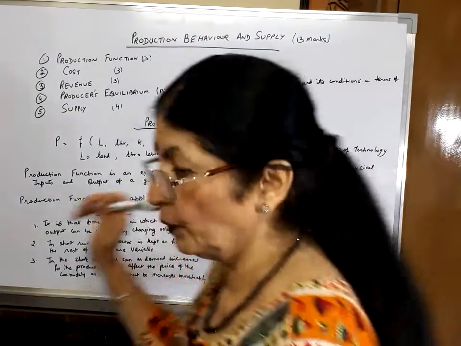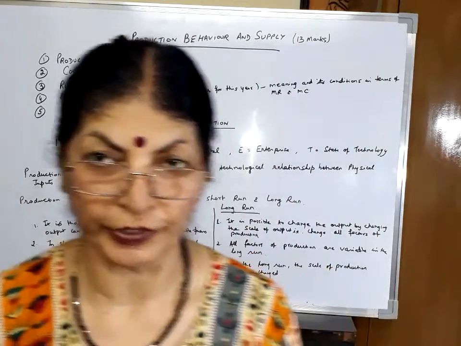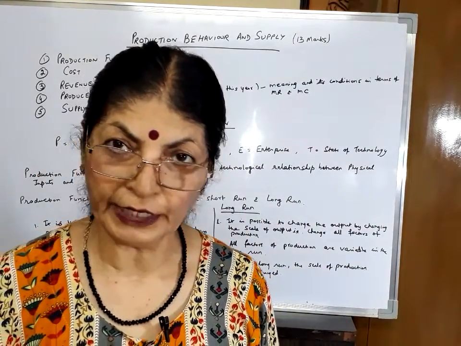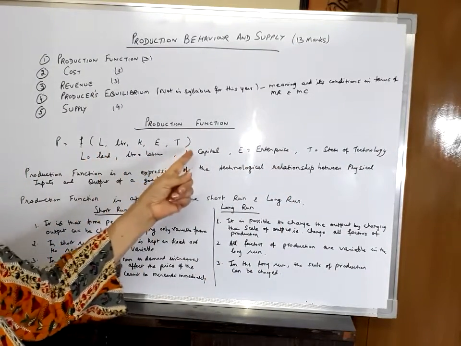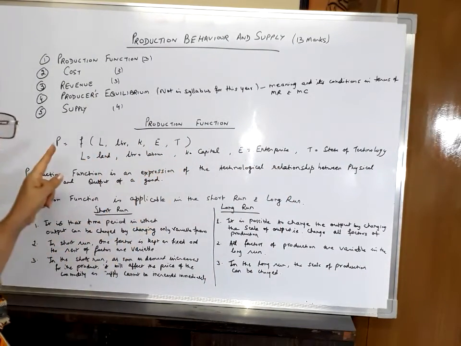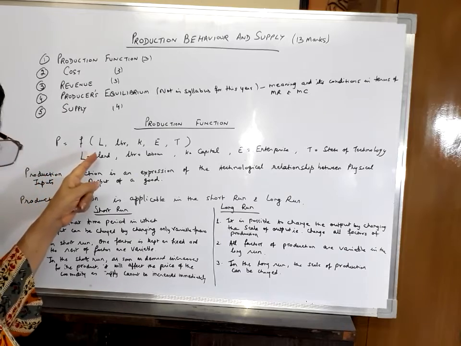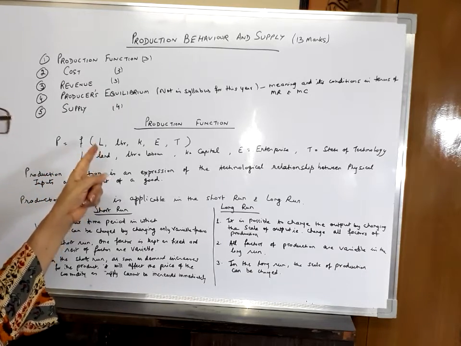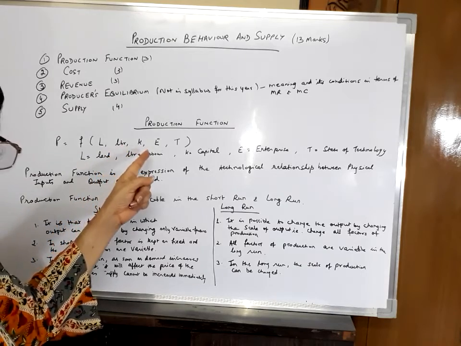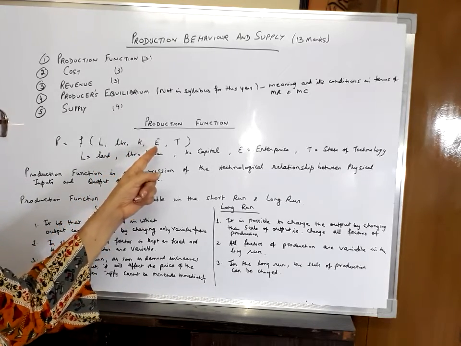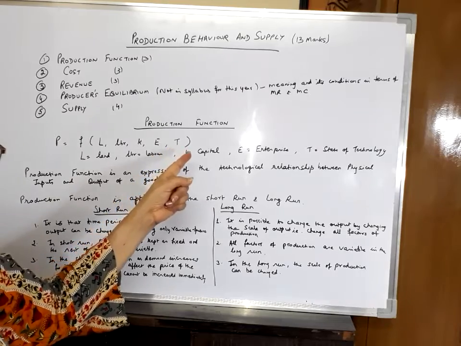Let us begin with what is production function. Production function has been given in this numerical form: P = F(L, LBR, K, E, T).